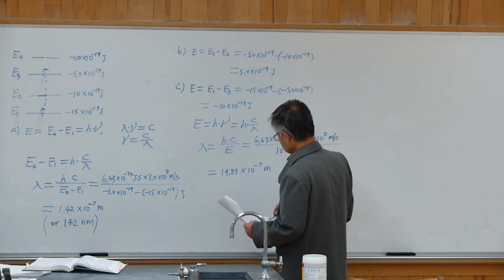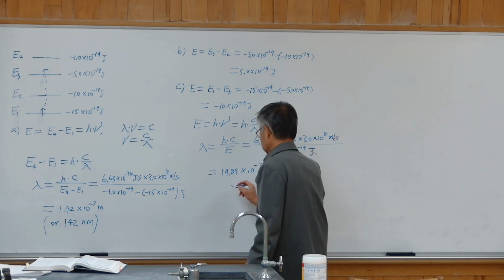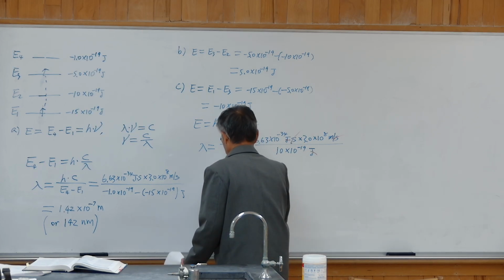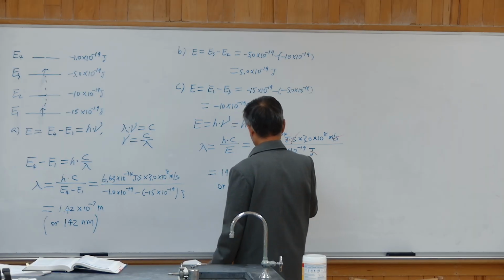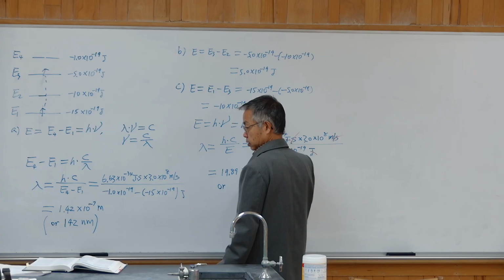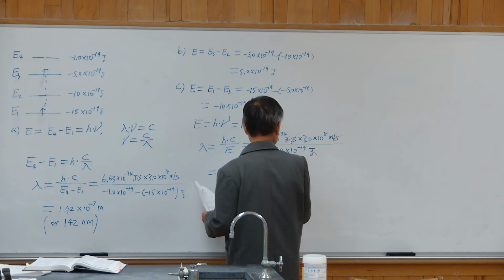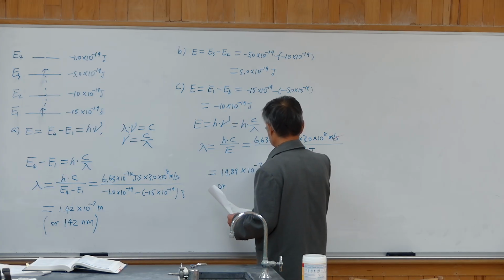Okay. We can convert this into nanometer, but here it isn't required, so you can keep it here. If you want, you can convert to nanometer by times 10 to the 9. Oh, actually, this will be negative 8.